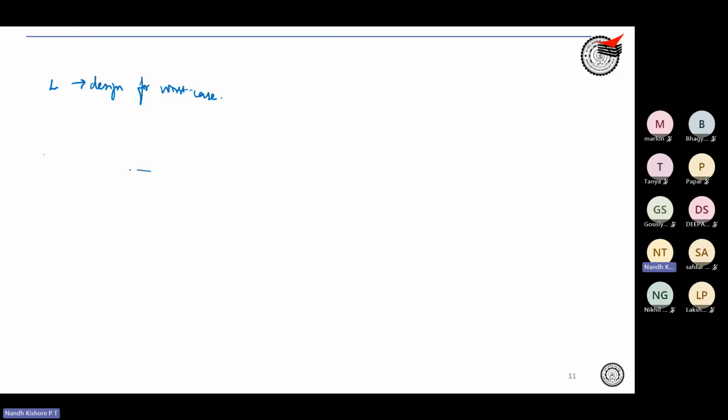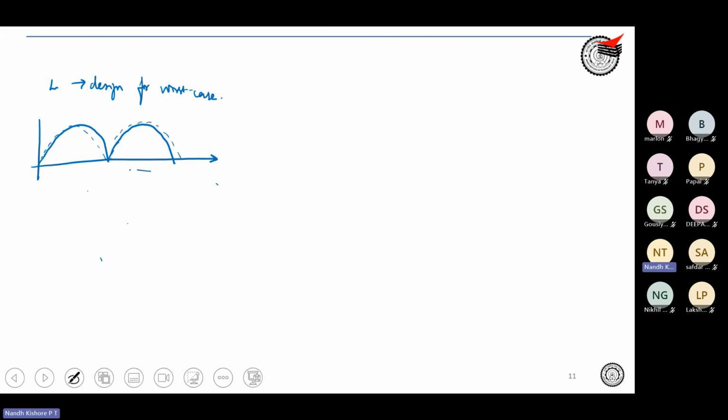Now you can understand how the inductor current would vary. Your inductor current is going to vary something like this in an average sense. But actually, let me draw it properly. Okay, so this is how the inductor current varies. But because of the ripple component that you consider, you would have a ripple component, something like this.